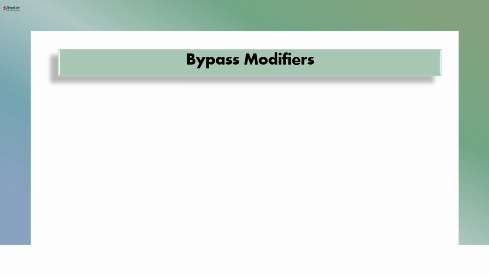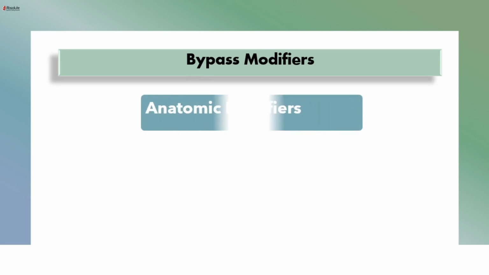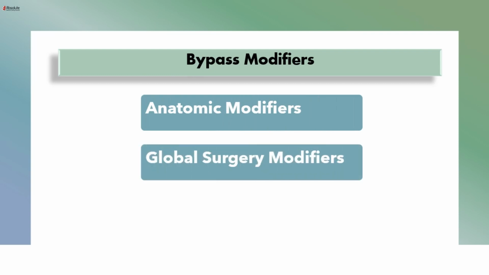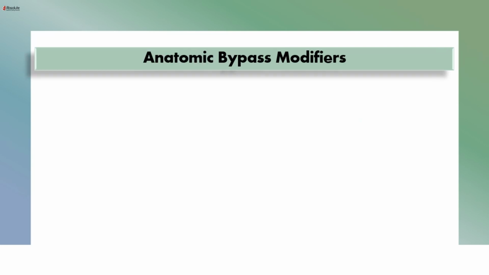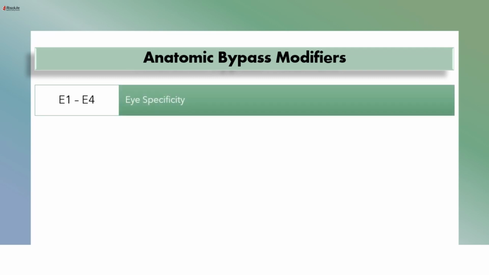So I'm going to walk you through the modifiers that can bypass the edits when you see a 1 indicator. So you have anatomic modifiers, you have global surgery modifiers, and you have some other modifiers. So let's break them down. Starting off with our anatomic bypass modifiers, we have E1 through E4 for our eye specificity.